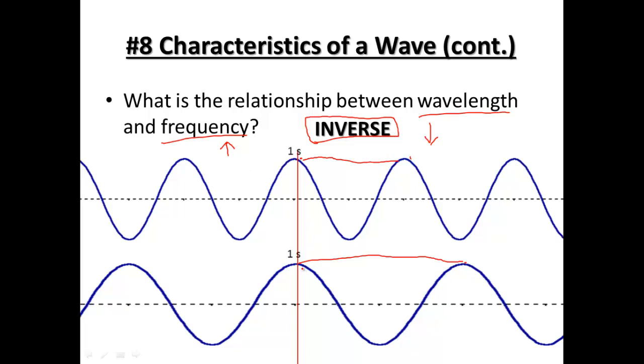Or in the bottom, we have a longer wavelength, so a larger wavelength. Wavelength is lambda. So they occur less frequently during time. It takes longer for each one, so we have less frequency. So inversely related are the ideas between waves.